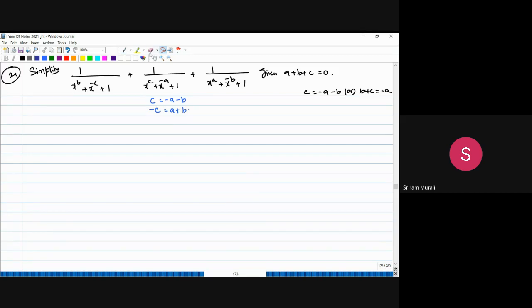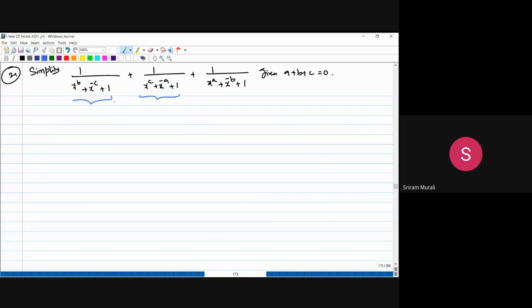Solve. Given this, we want to solve. Either I should express in terms of AB or BC or CA. So I should write one in terms of the other. This is already in CA.